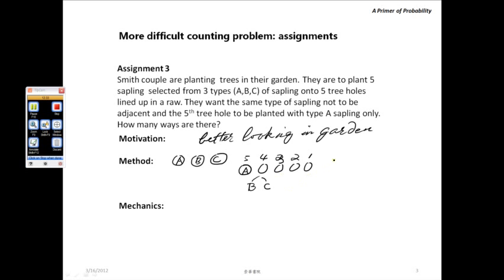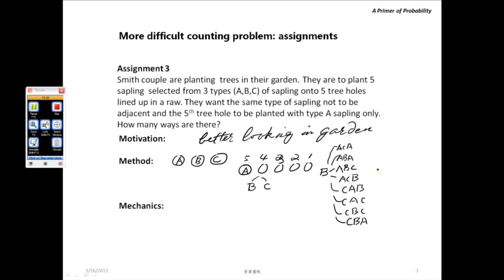For a type B sapling on the fourth tree hole, the possible permutations are: A, C, A; B, A, B, C; A, C, B; C, A, B; C, A, C; C, B, C; C, B, A.